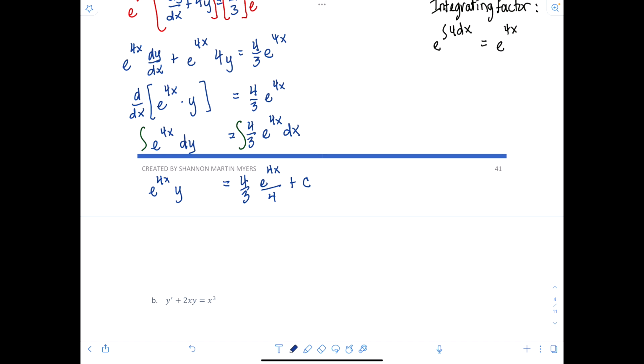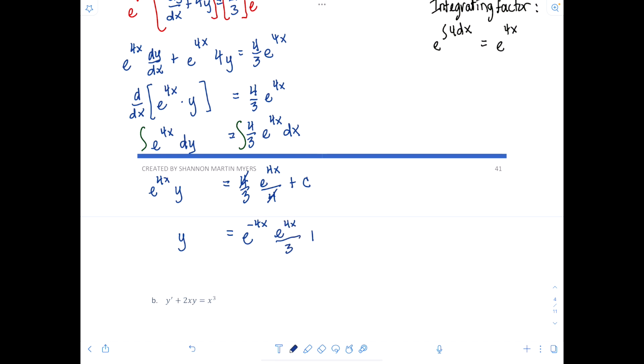Now I want to isolate y. So y would equal e to the negative 4x. The 4's divide out, right? So this will be just times e to the 4x divided by 3.